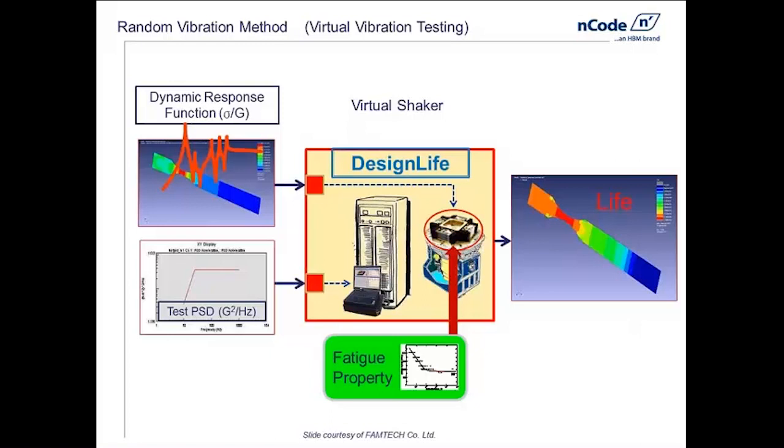In addition, we pair that with exactly the same PSD excitation that we would have put into the physical shaker table. And then finally, DesignLife will take those two and compute a PSD of stress for each node in the model. And that PSD of stress can be cycle counted. There are 4 different cycle counters inside of DesignLife to look at PSDs of stress and generate stress cycles.